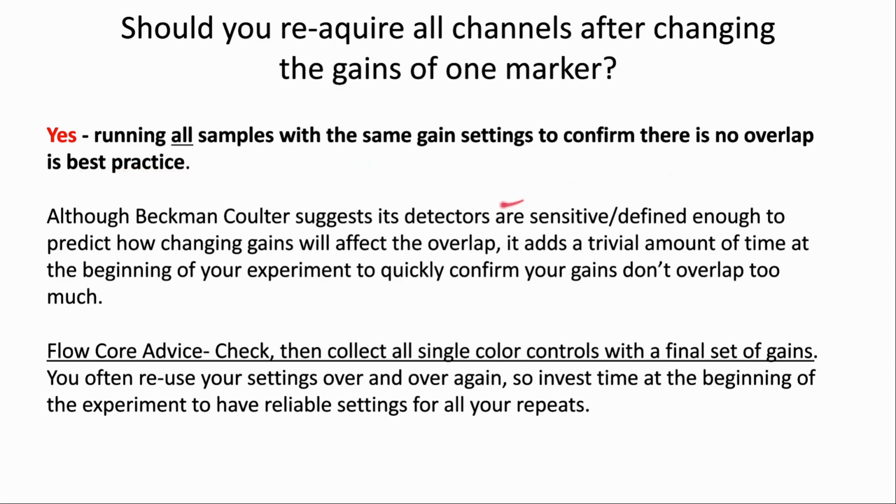Although Beckman suggests that its detectors are sensitive enough and that they have defined how these changes will affect the compensation, it adds a trivial amount of time for you as a user at the beginning of your experiment to quickly confirm that a final set of gains will work for your antibodies and will not create any substantial overlap, and that the compensation settings will then be acceptable for your experiment, because users will often reuse these settings and gains over and over again as our instruments are relatively stable in the gains which are set by QC.